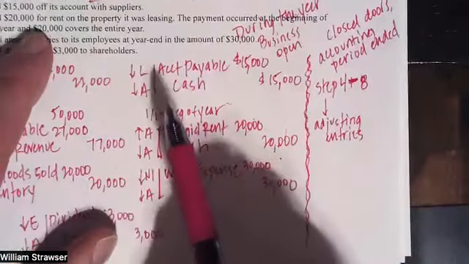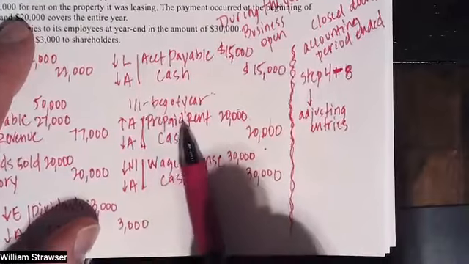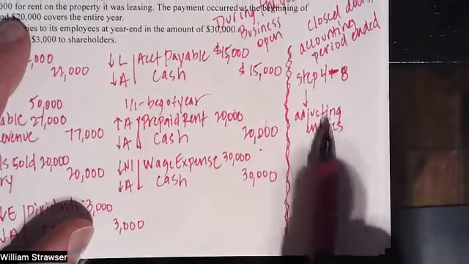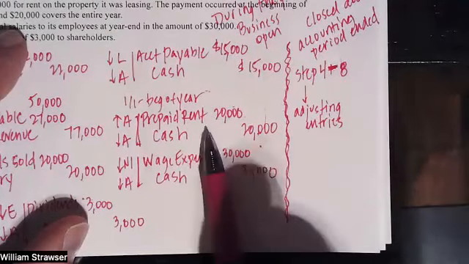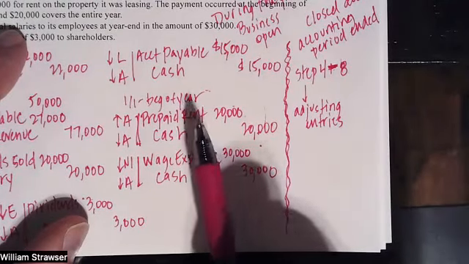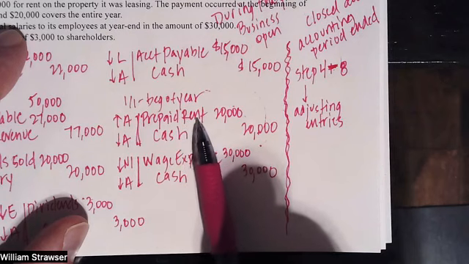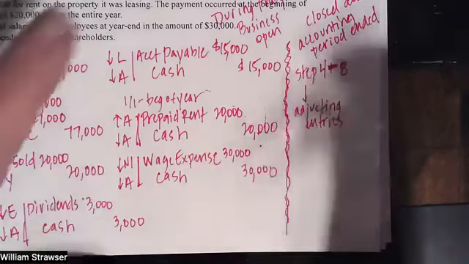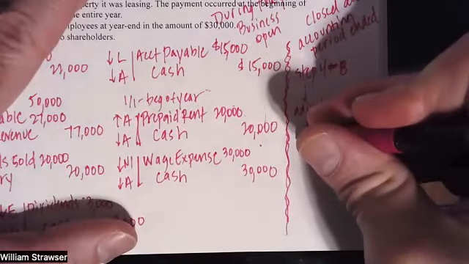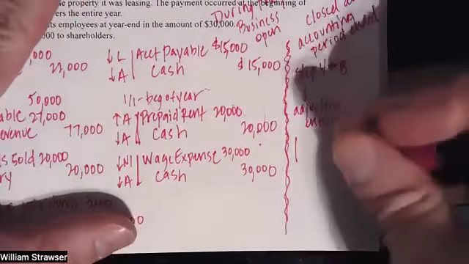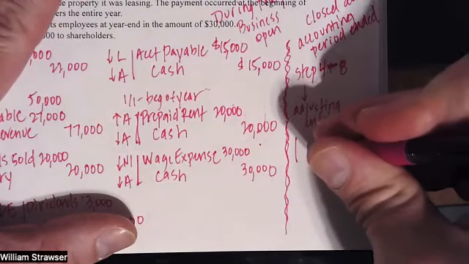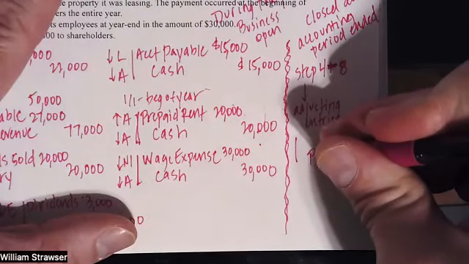Well, if this is at the beginning of the year, and now we're at the end of the accounting period, in this case, it's a year, then I have to make an adjustment to this prepaid rent account because I don't have it anymore. I've used it up because I ran my operations out of that place of business. And I don't have much room here, so I'm going to abbreviate. I don't have any more prepaid rent because now that's all gone.